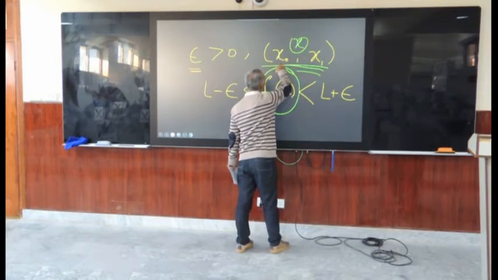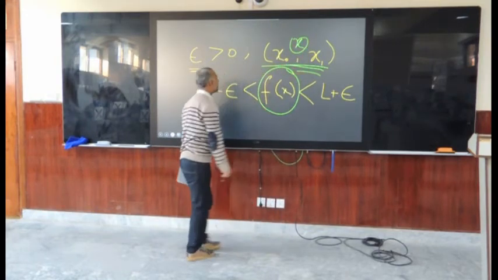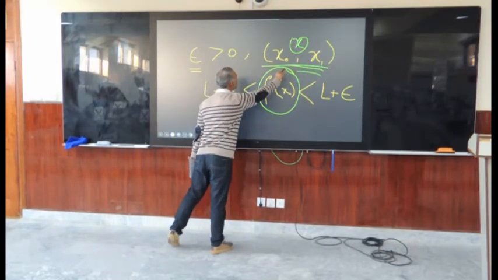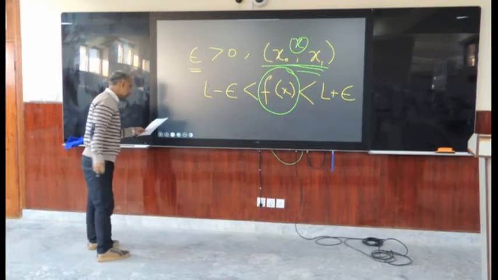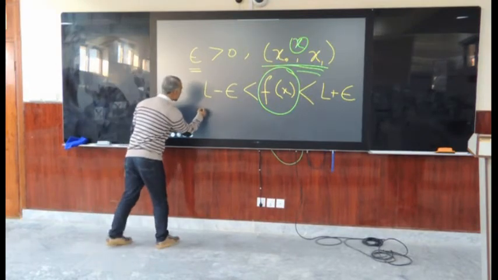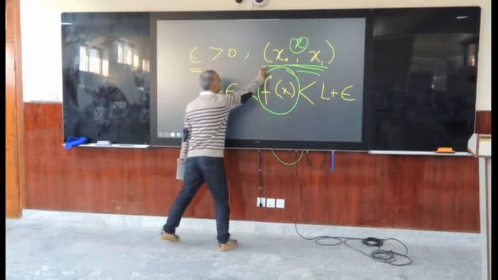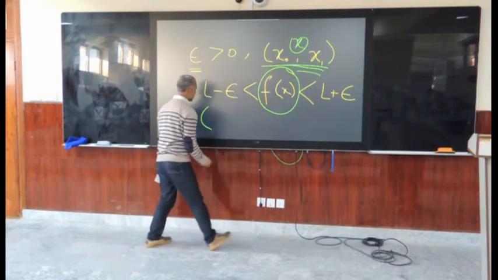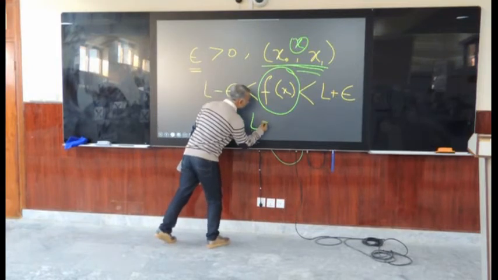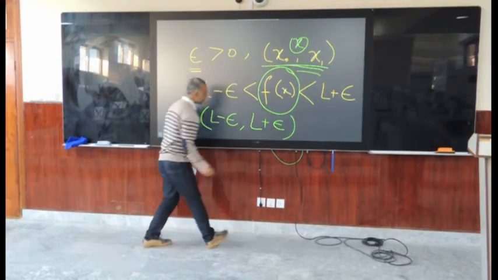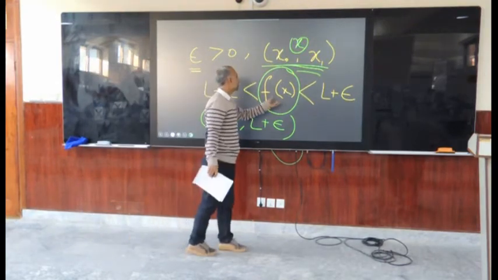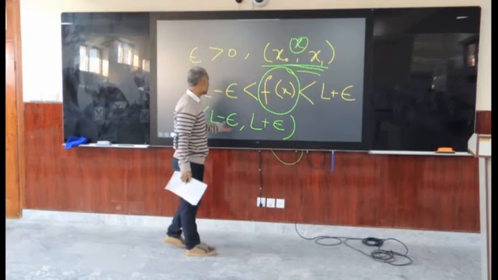X exists between x0 and x1 somewhere, so this function f of x is confined between these two positions on the open interval, and this open interval we can further write as the expression L minus epsilon, L plus epsilon. So this is a precise definition of this function.